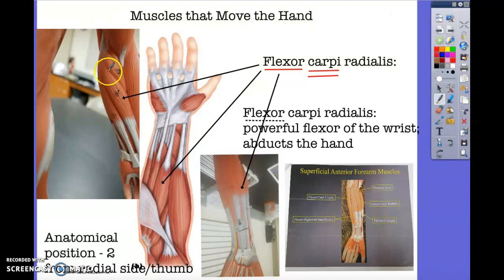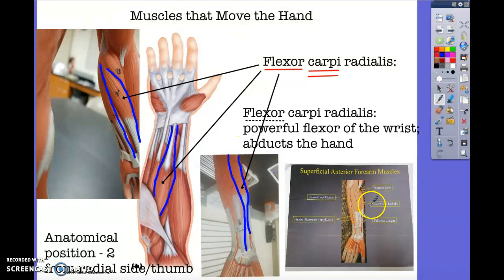So let's find it on these three models. Here it is here. Okay, that's on the mini-man. Here it is on a PowerPoint diagram. Here it is on our arm.